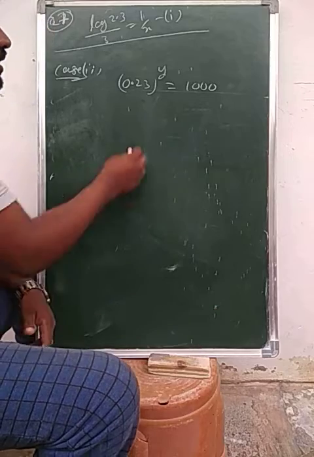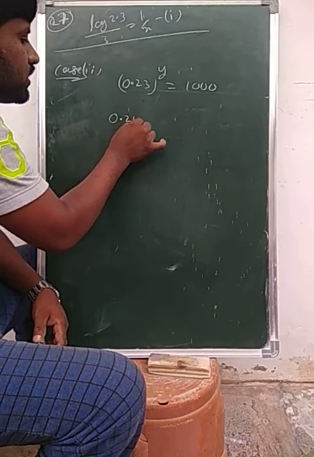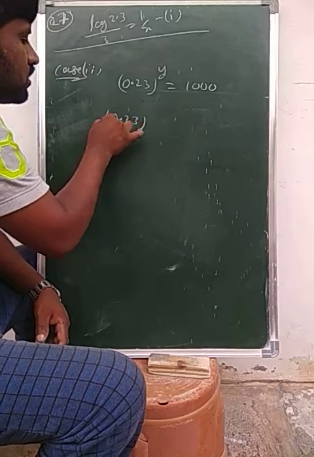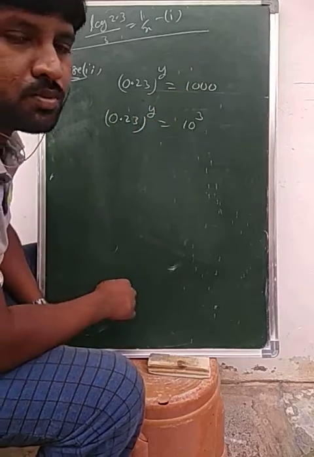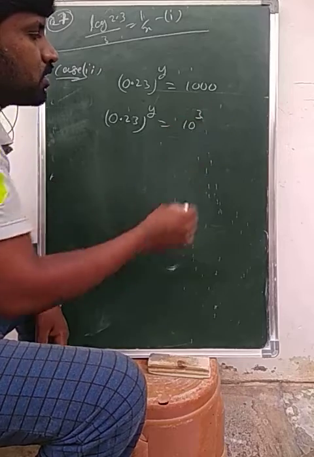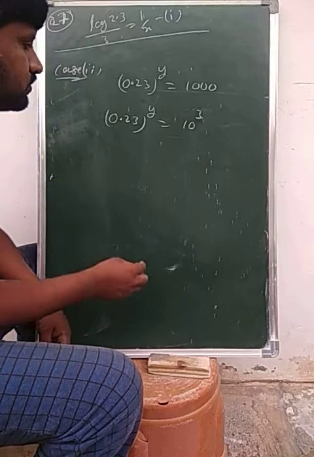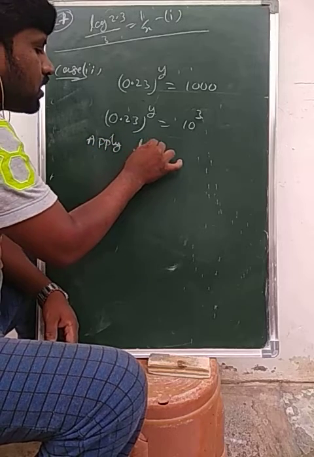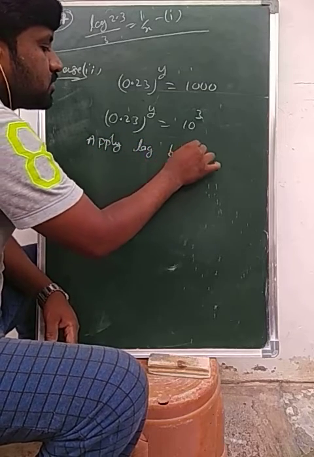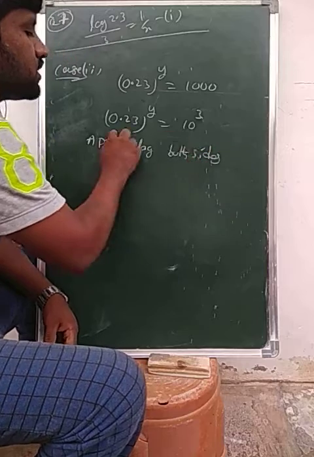Now we can write 0.23 power y is equals to 1000, and we can express 1000 as 10 power 3. Now apply log on both sides.